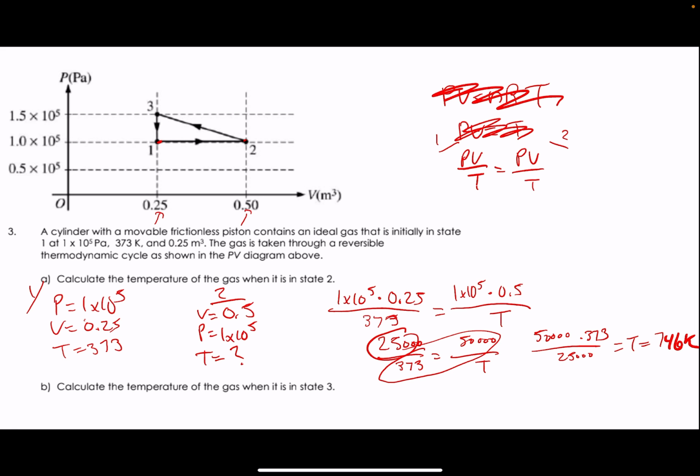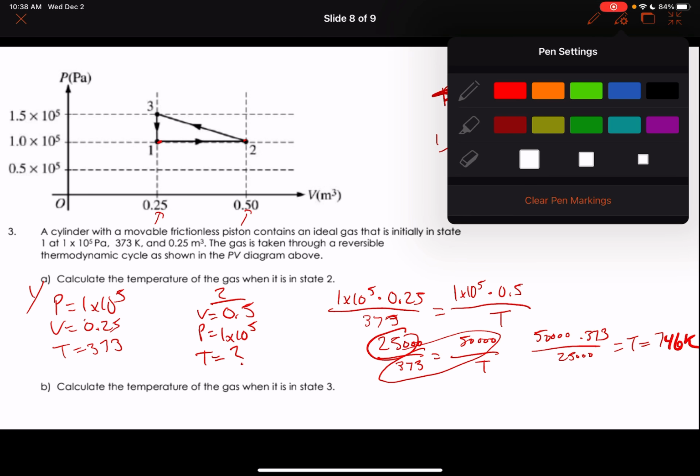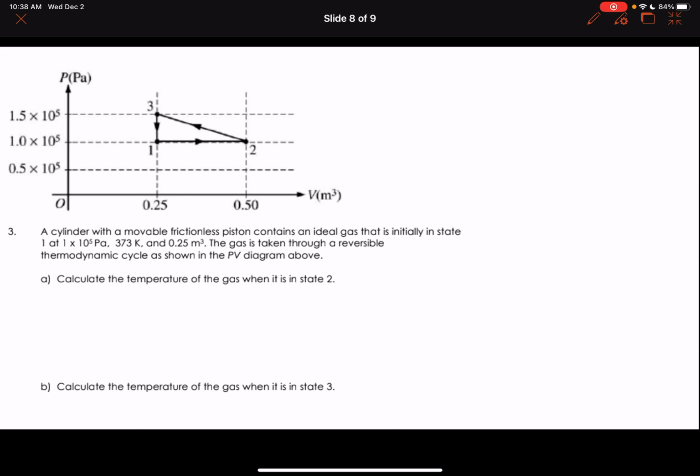At state 3, what information do we have? We have pressure. Let me clear the board because it's not wanting to write. Okay. Let's look at state 1 again because we know all that information. P equals 1 times 10 to the 5th, V equals 0.25 and temperature equals 373.